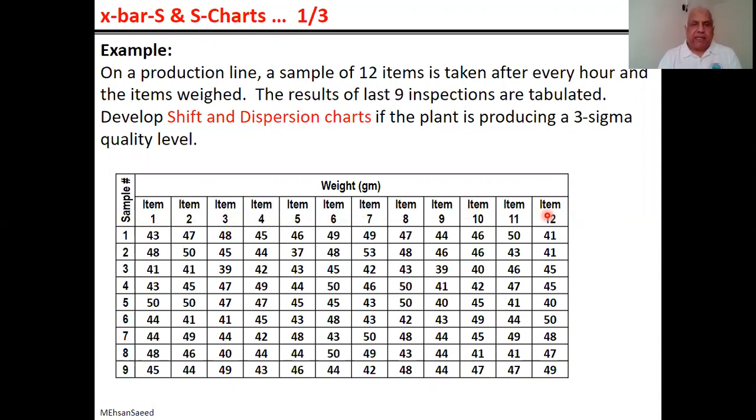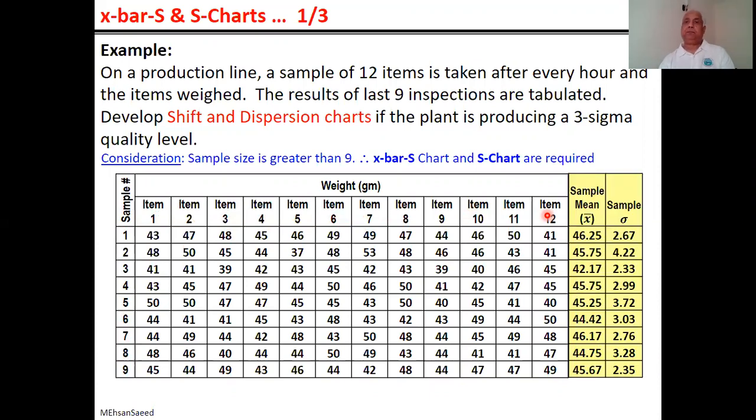The procedure is exactly the same. We make 2 columns. The first column is as for the previous X bar R chart: we take the sample mean. So we add them all up, divide them by 12, and we get the sample mean X bar. And we find it for all the samples. The second column, we find the standard deviation of this sample.